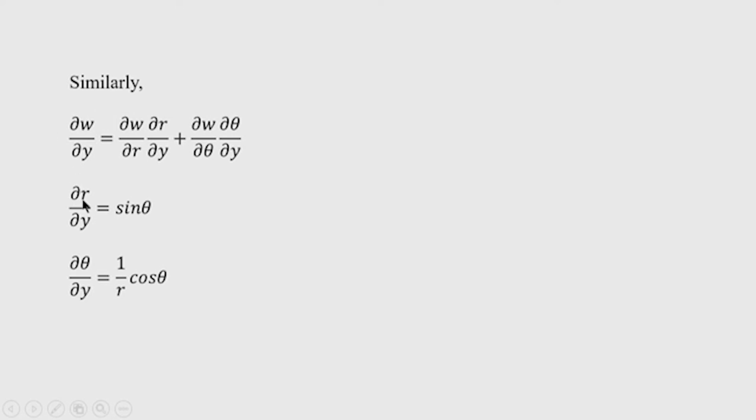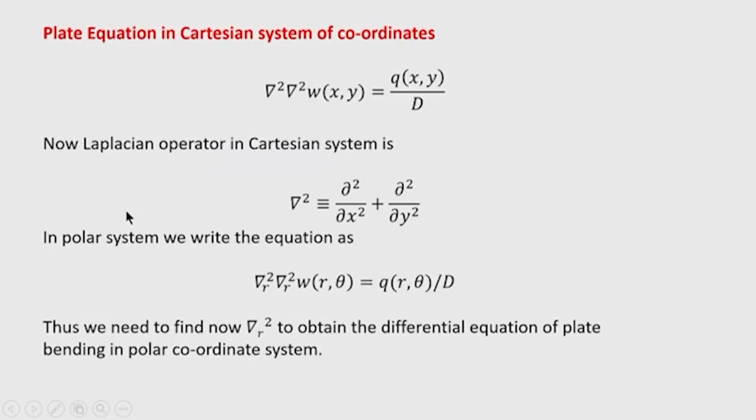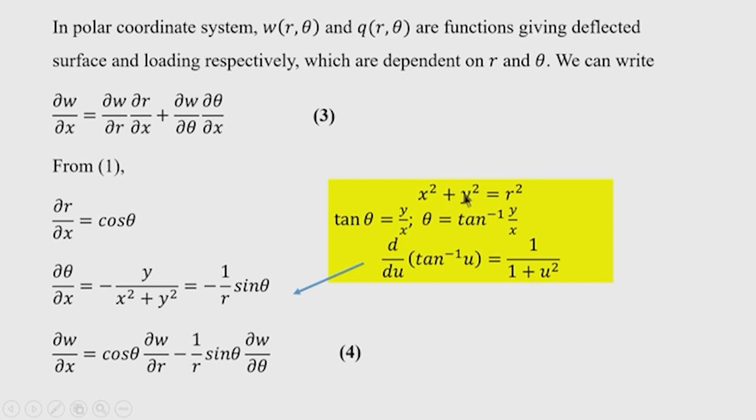Now, we already know that del r by del y equals sin theta, and we can prove it. If we go to the first expression and differentiate again with respect to y, you will get 2y here, and here you will get 2r del r by del y.